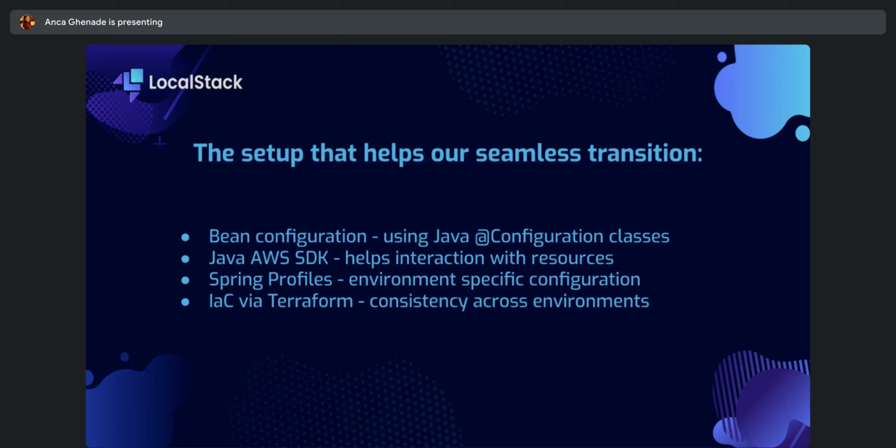For those of you who are not familiar with what a Java bean is, think of it as a reusable object that follows certain conventions, like a Lego block that has its own shape and purpose, and it has its own mechanism of fitting in. You want to use the Java AWS SDK, which helps you interact with AWS resources.